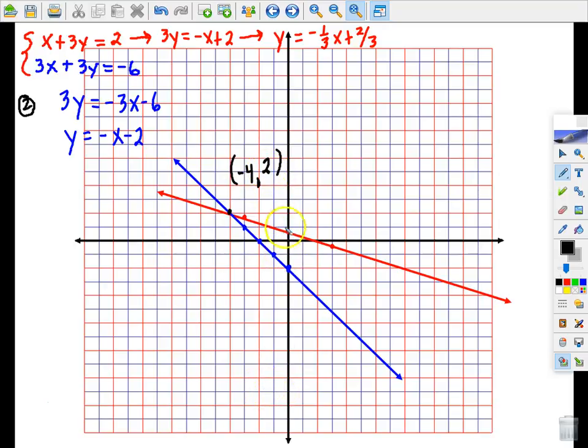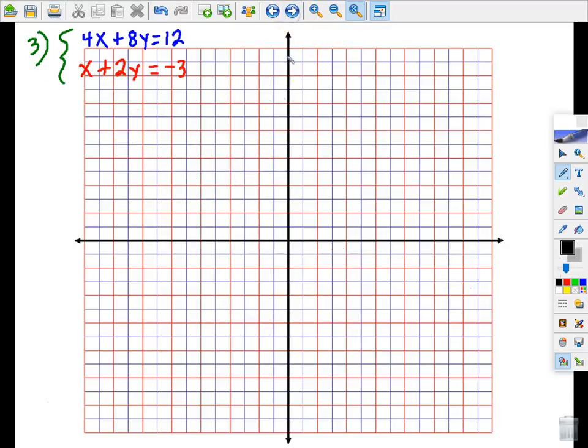Okay, and that ends up being the solution. And we could take the time to check it if we wanted to. I encourage you to, if you want to be 100% sure that this is correct. Then when you let x become -4 and y become +2 in both the red and the blue, these two numbers for x and y should make both of these equations true.